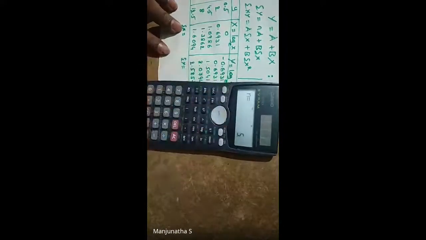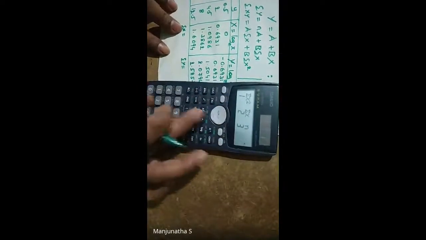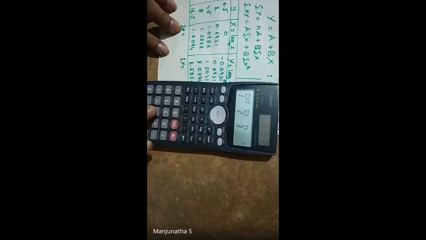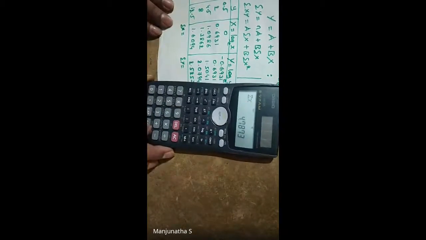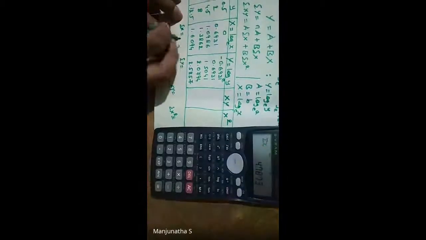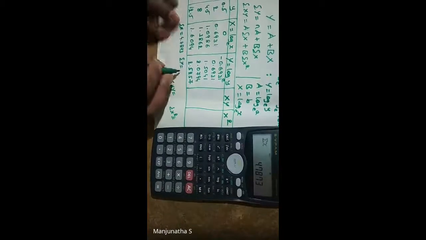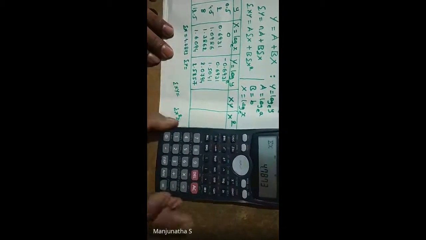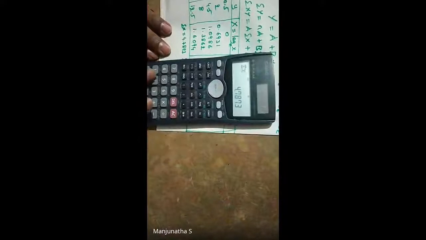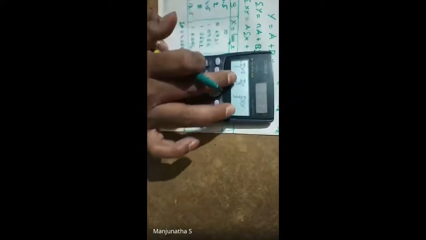So shift 1, summation x. After doing that, shift 1 you need to press, and summation x is 2. So press 2 and equal. So it is 4.7873. And summation y, shift 1. Summation y here we have.